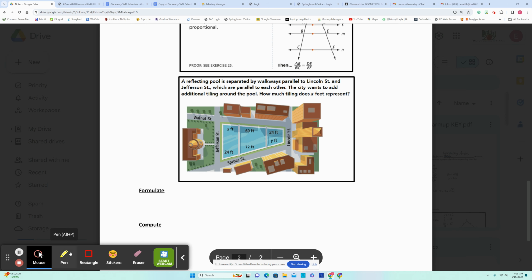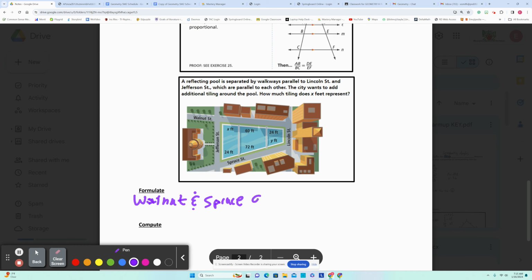So the first thing is what's happening here, and we need to get an idea before we get too heavy into this. The question is, what are the transversals? In this case, Walnut Street and Spruce Street are the transversals. So Walnut and Spruce are transversals.